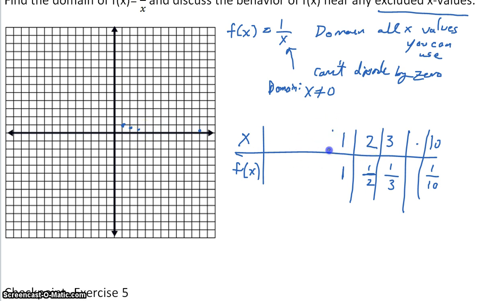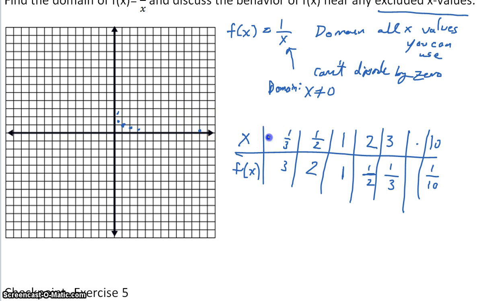Now let's suppose I picked smaller numbers. 1/2. If I take 1 divided by 1/2, it's the same thing as taking 1 times 2. So that's going to be 2. So if I look at the graph here, it's going to be here. If I take 1 divided by 1/3, I get 3. So this graph is going up, but I can't have it equal 0. So I can't have a value at 0.